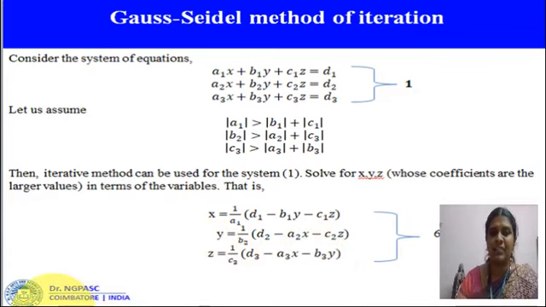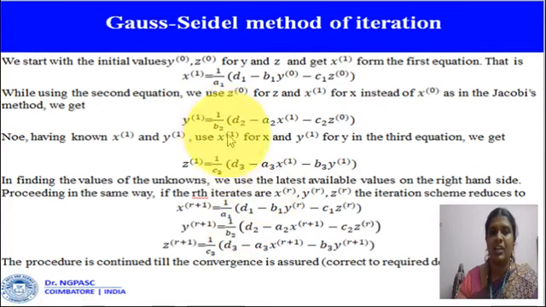After that, in the first iteration, here in the Gauss-Seidel method, only the y and z values will be 0. So kindly note it. We have to substitute y and z as 0 in the x equation alone.